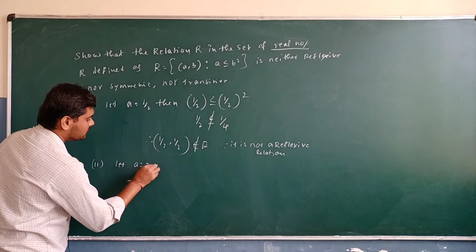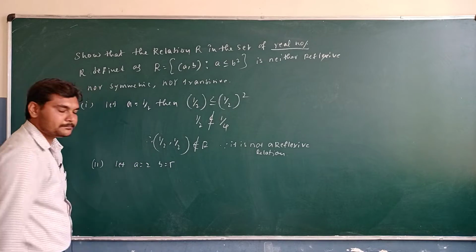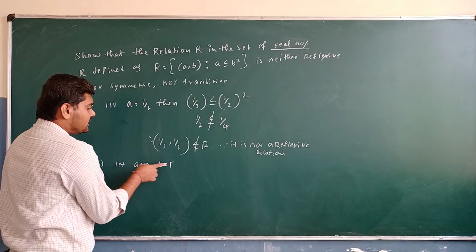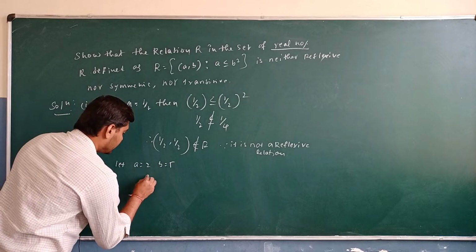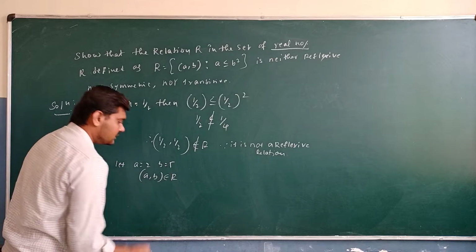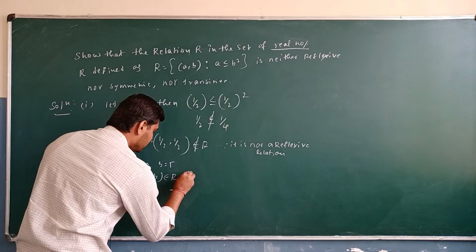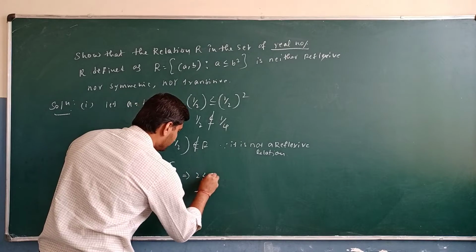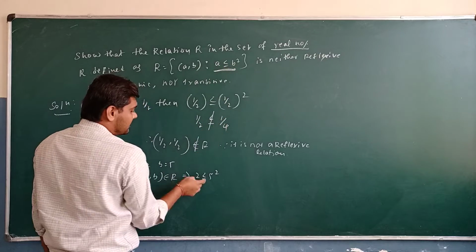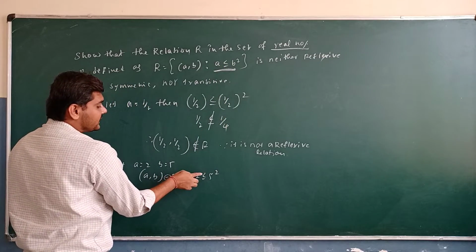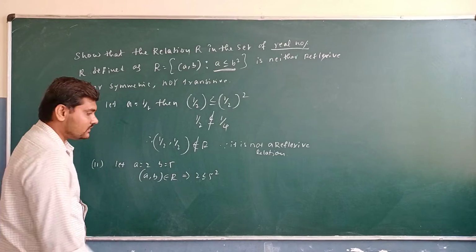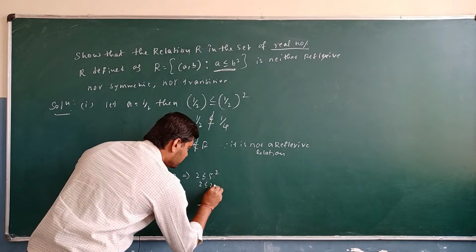Suppose let a is equal to 2 and b is equal to 5. Then (a, b) belongs to R, because 2 is less than or equal to 5 square, that is 2 is less than or equal to 25.